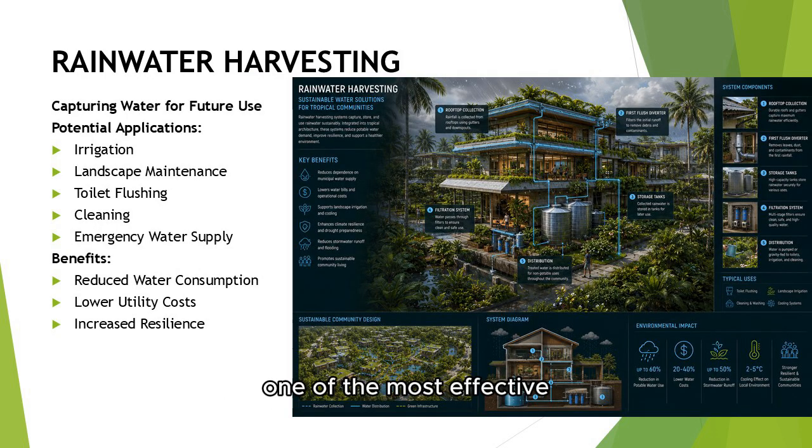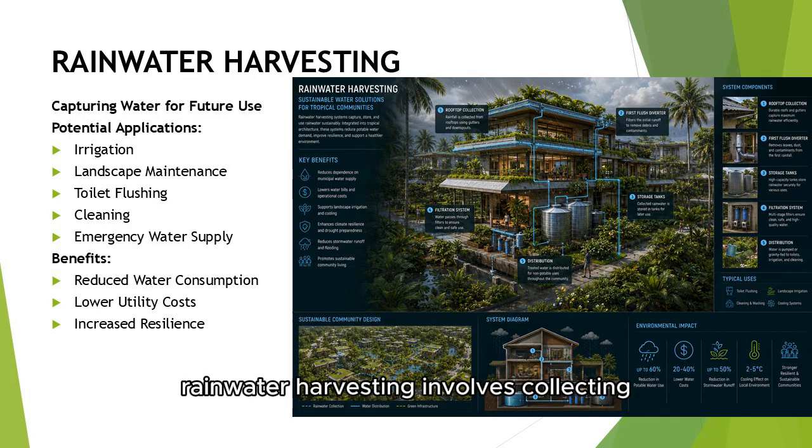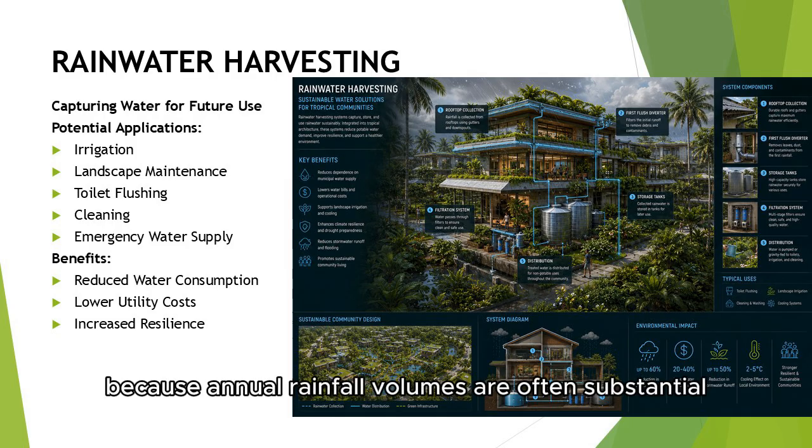One of the most effective water-sensitive strategies is rainwater harvesting. Rainwater harvesting involves collecting and storing rainfall for future use. In tropical regions, this strategy is especially valuable because annual rainfall volumes are often substantial.